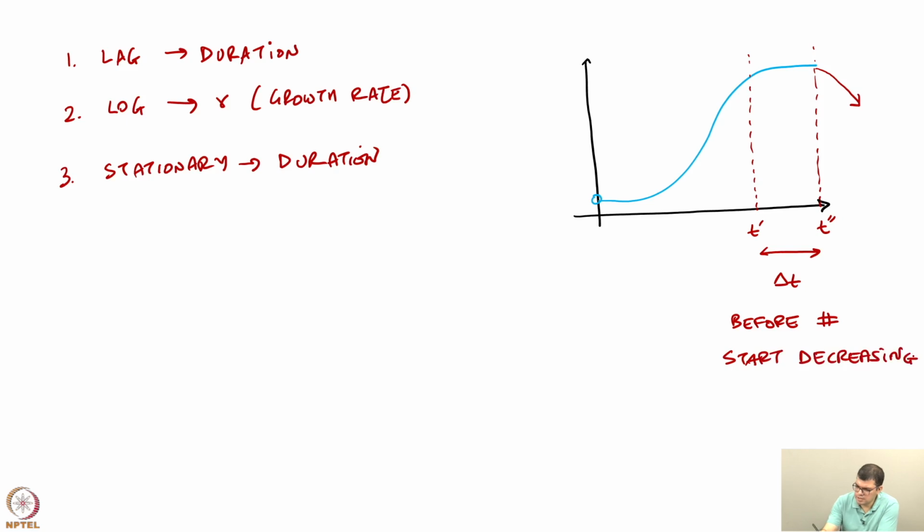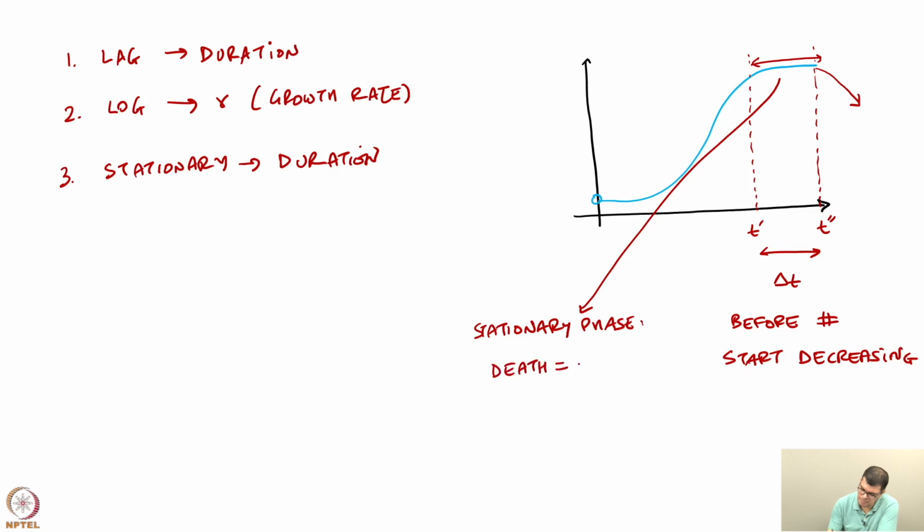And what you should realize here is that in this stationary phase, the death process is actually exactly balanced by the birth process. However, beyond stationary phase, the number of deaths is greater than number of births.